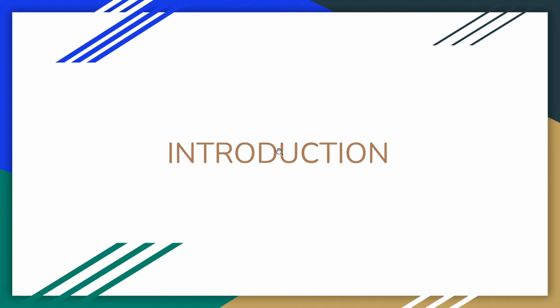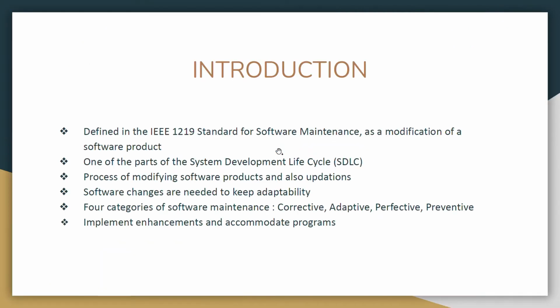So first of all, let's go through our introduction. For the introduction, software maintenance is defined in the IEEE 121 standard for software maintenance as a modification of a software product after release in order to correct errors, improve performance or other attributes, and also adapt to environmental changes.